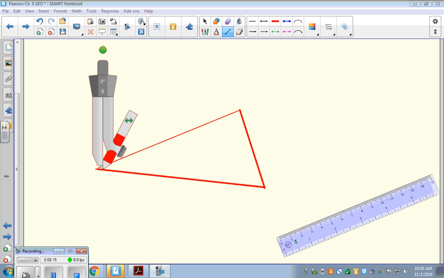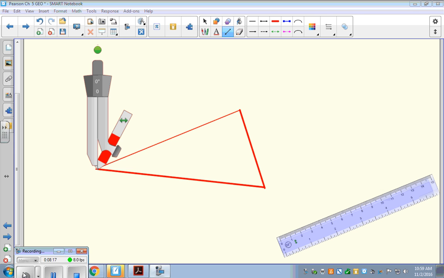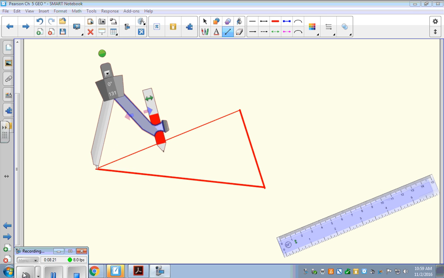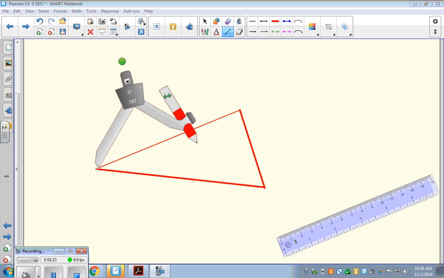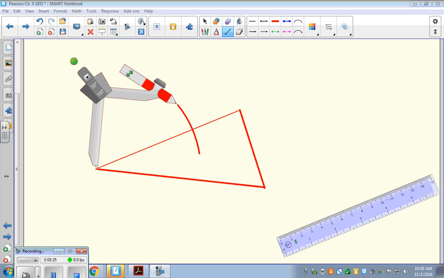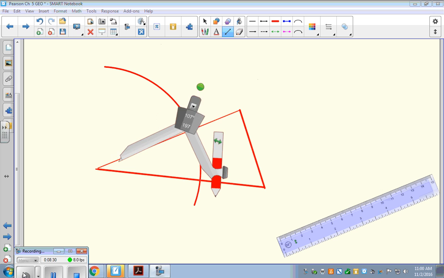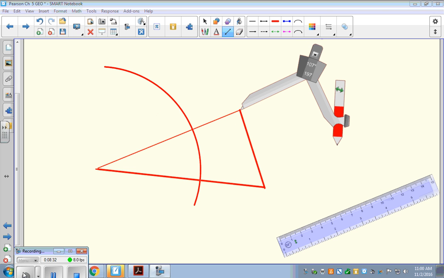Otherwise, it'd be super hard to do this. So, perpendicular bisectors of each side using your compass.